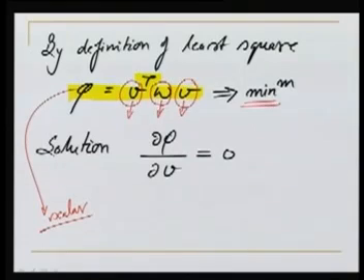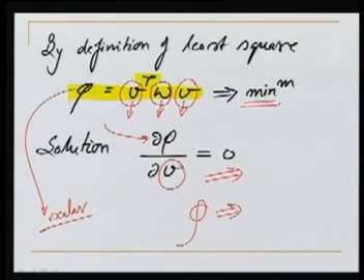How do we handle it? We handle it by finding the partial derivative of phi with respect to the residuals and equating to 0. This is how we make phi minimum. That's the way we carry out the solution.